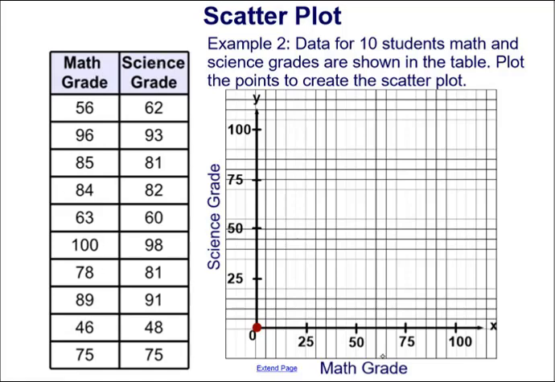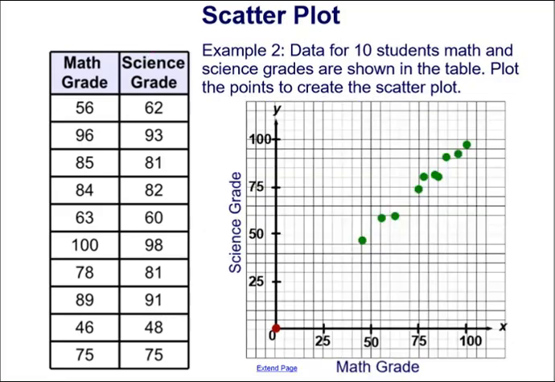So we'll consider the math grade as our x values and the science grade as our y values, and we'll plot our 10 ordered pairs to create the scatter plot. So here are those 10 points plotted. Here's what our scatter plot would look like, so that now we can answer questions and analyze and interpret what the data means in terms of comparing a student's math grade to their science grade.